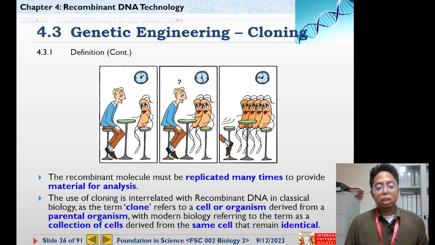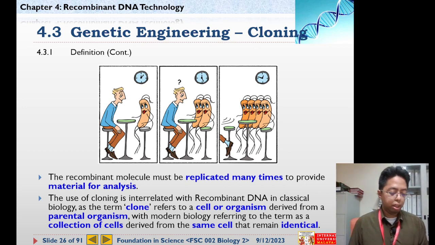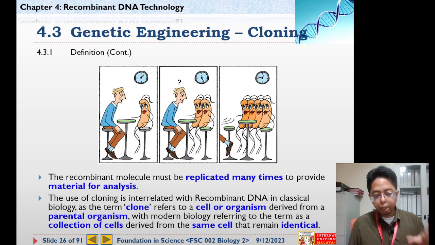Cloning refers to the cell or organism derived from the parental organism. We use it as a term where we have the original recombinant DNA molecule versus the copies of the original.